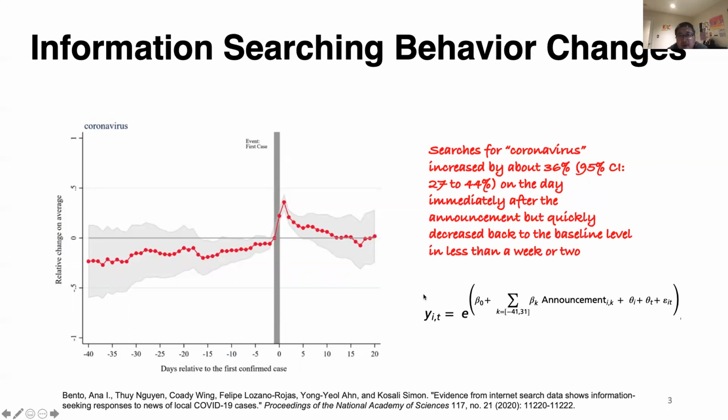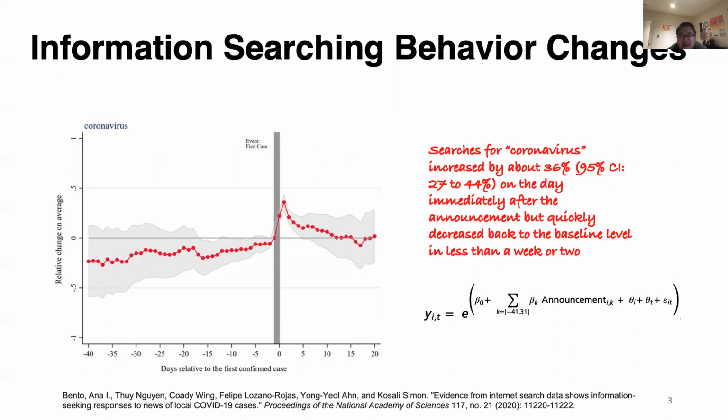T_ik is an indicator variable set to 1 if the first case of state i was announced k days ago, and the reference category was 1 day prior to the first case announcement.